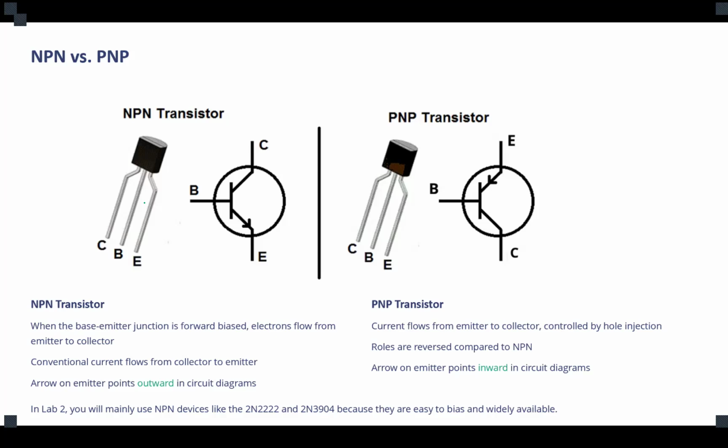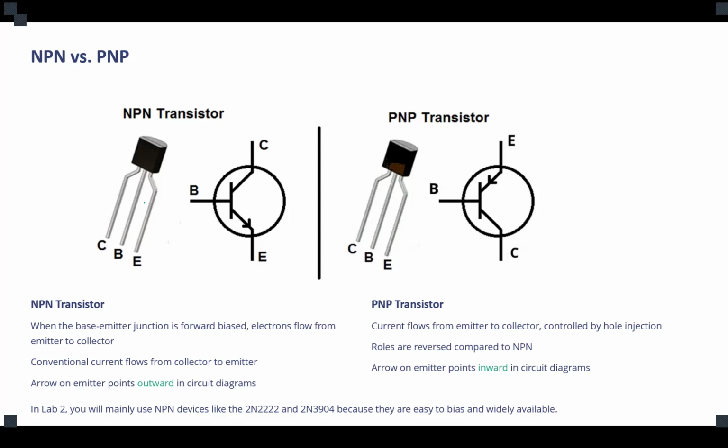The symbols are given in the slides, and as you can see, again, like the MOSFET, the difference between the PNP and NPN when it comes to the circuit is the direction of the current. So in NPN, current goes from collector to emitter, and in PNP, it goes from emitter to collector.